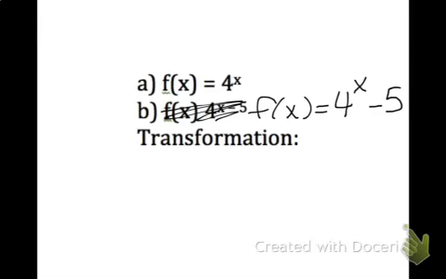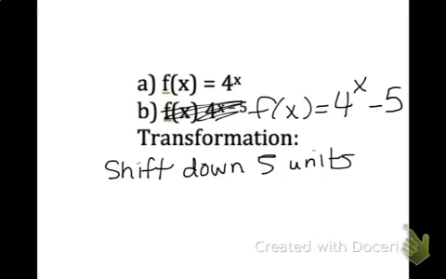So it shouldn't be coupled up there with the x. It should be at the bottom, okay? So because it's not coupled with the x, our transformation will be a shift down 5 units. Okay, and again, this is what it should look like in your notes.